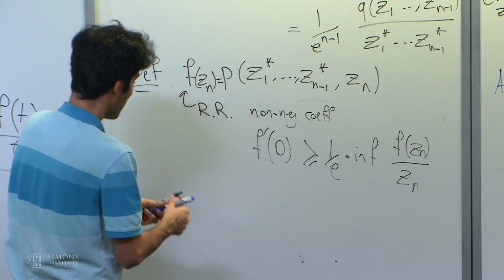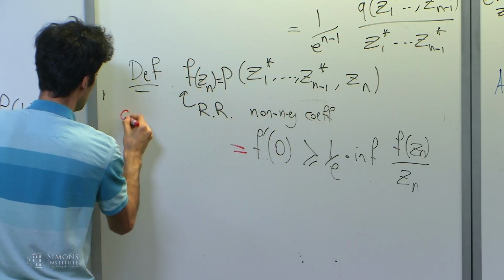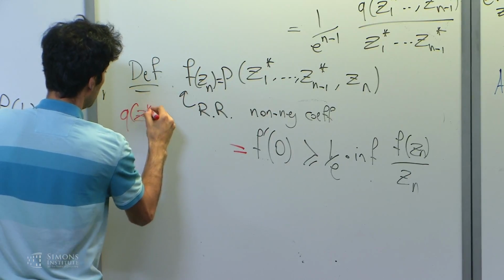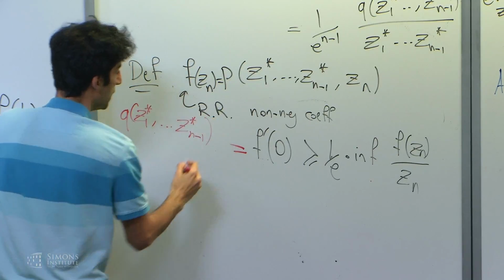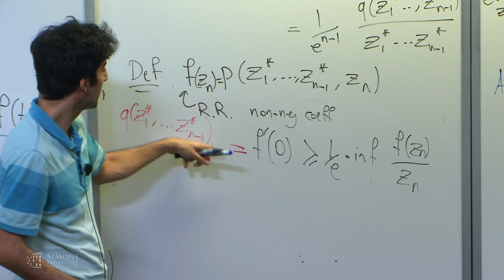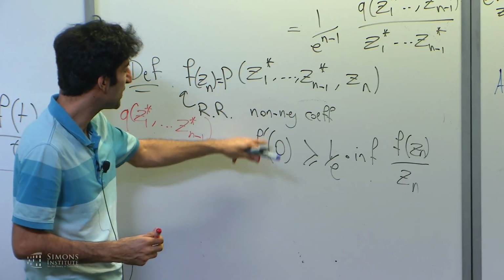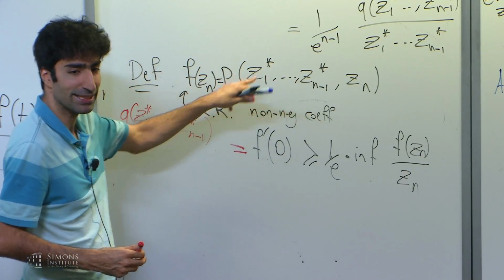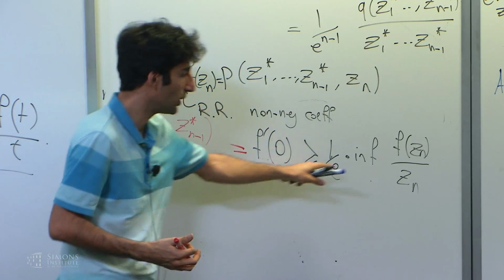Now, f prime at 0 is equal to exactly this quantity, Q of Z1 star up to Z(n-1) star. Because remember, f is just differentiating this with respect to Zn. f prime of 0 is just differentiating this with respect to Zn at 0, and that's exactly Q of Z1 star up to Z(n-1) star. So this is equal to that.